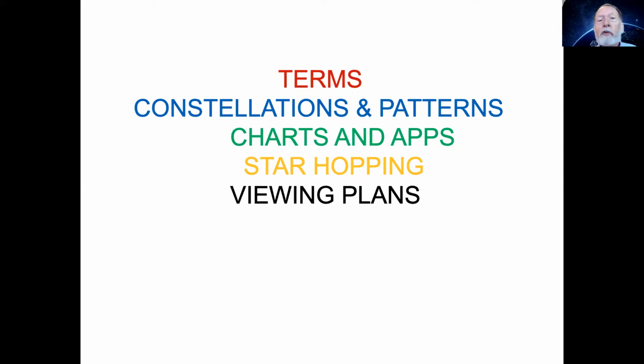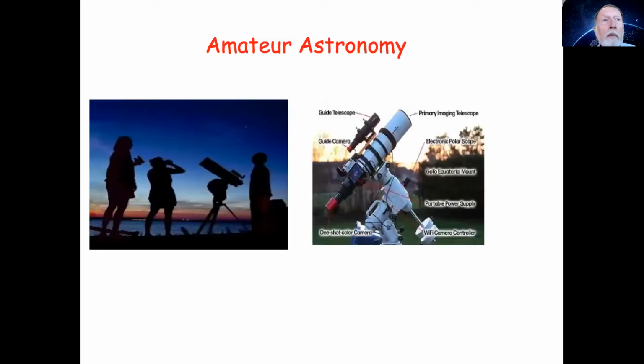I'll show you some whole sky charts, and we'll use those instead of talking about things with computers. We'll make an introduction to some telescopic objects, and we'll introduce the field of view. We'll do some individual star charts, some star hopping, some viewing plans, and end with some examples.